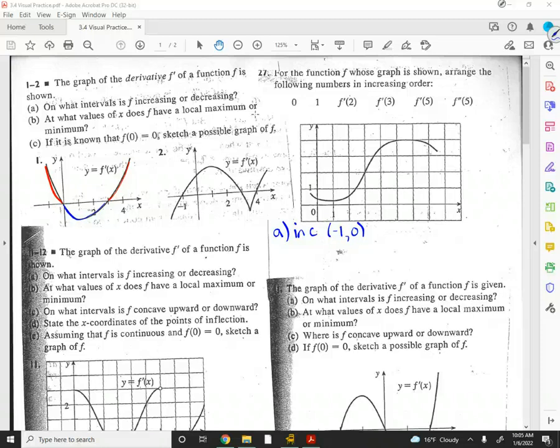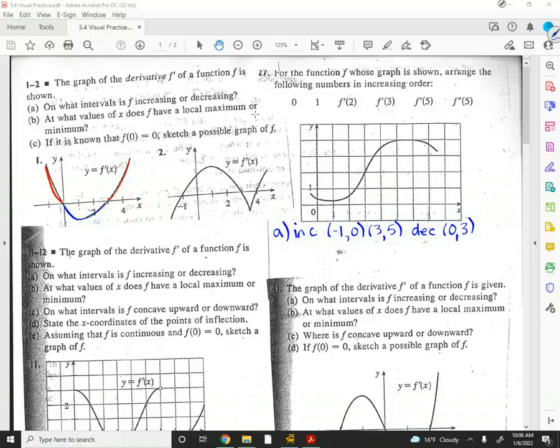And then it's also increasing from 3, and it goes past it to 5, so 3 to 5. And then it's decreasing where the derivative was negative, and so that's from 0 to 3. Okay, how's that first line feel? Weird, but okay so far?